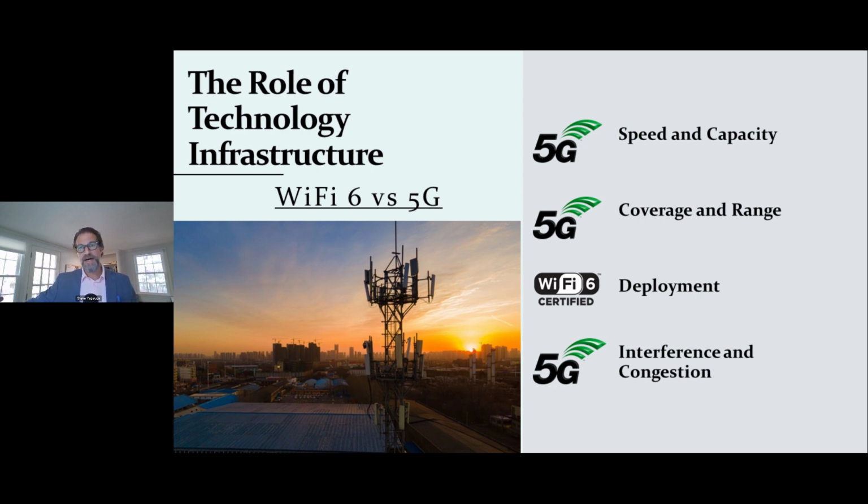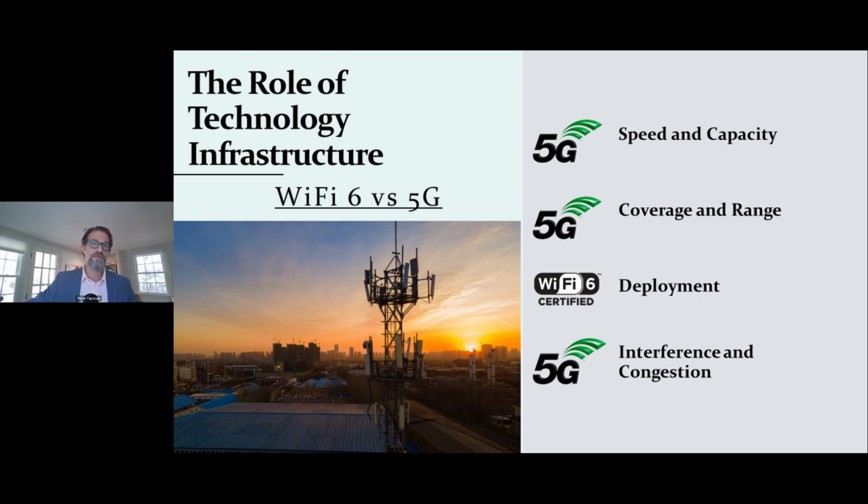That's why 5G edges out Wi-Fi. And you'll see NFL stadiums, for example, being built around 5G systems. The ability to handle massive crowds is an advantage for the utilization of 5G.